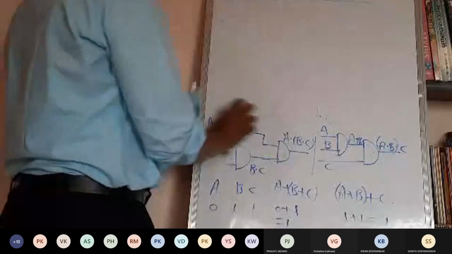What is the distributive law? Simply, very simple: a into b plus c. This a is distributed in the bracket, so b plus c is the sum and we are multiplying that sum with the one. कुठलाही एक इनपुट तुम्ही ठेवलेला असेल, one variable, that one variable can be multiplied with the sum of the other two, that is a into b plus c, and this is the distributive property. मग बघा आता इथे काय होईल, a into b plus c.